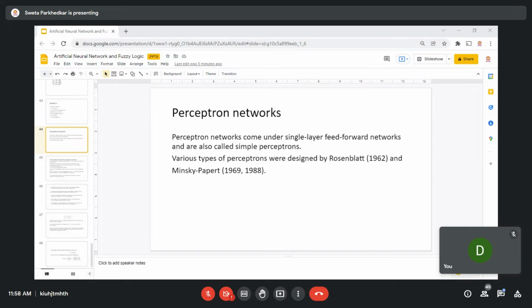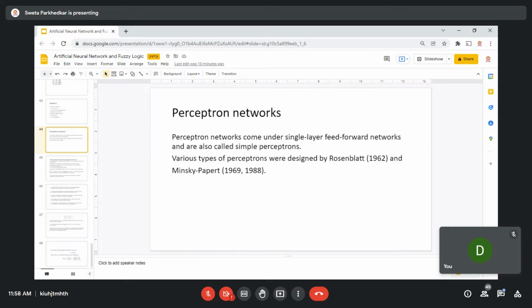Perceptrons are generally used in deep learning models. This perceptron can be under the architecture of a single layer feed forward network, and this is also called a simple perceptron.